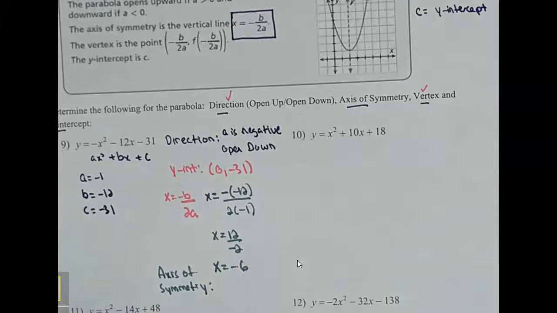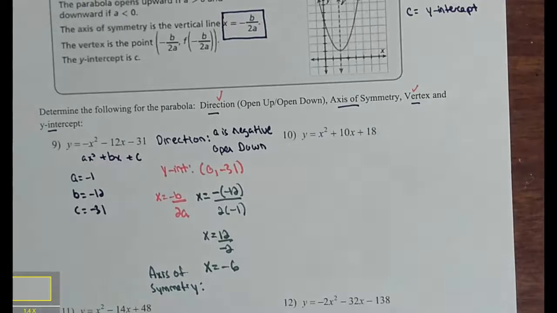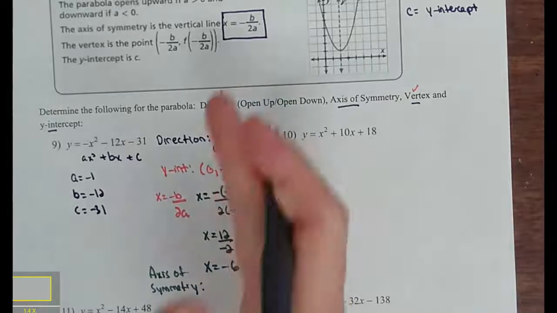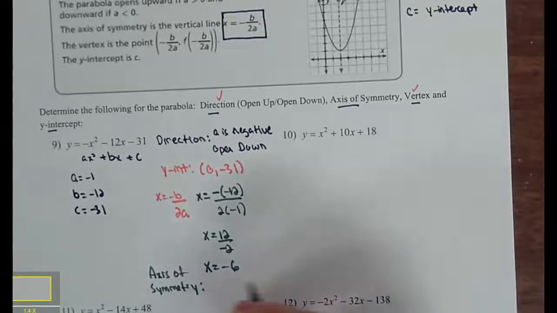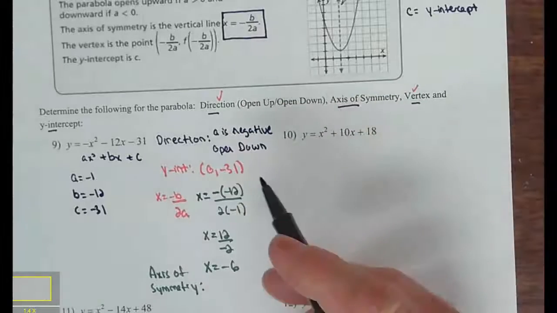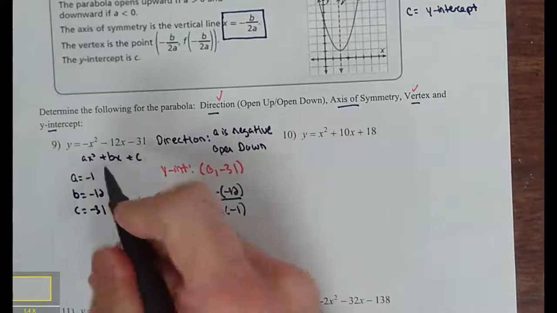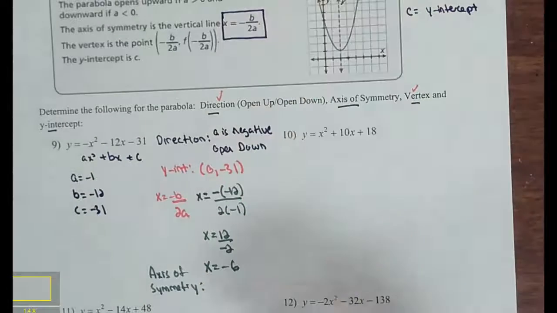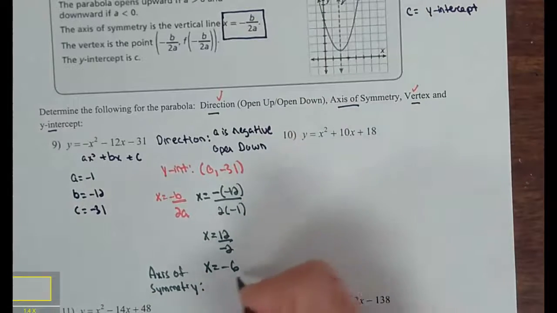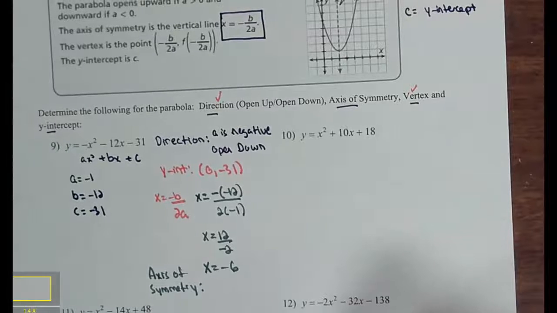Now, once we know the axis of symmetry, we can find out what the vertex is. I'm sorry that I didn't give you guys enough room to do this. The axis of symmetry is the x value of your vertex. So if I know my equation, which I do, then I can find the y value of the vertex by plugging negative 6 into the equation.